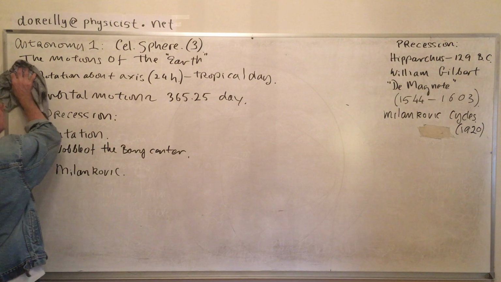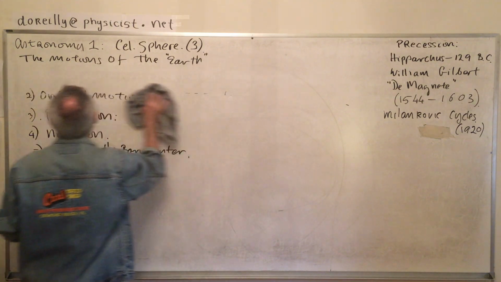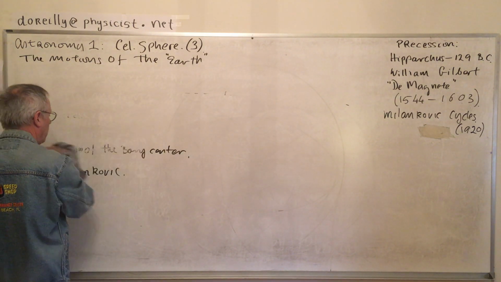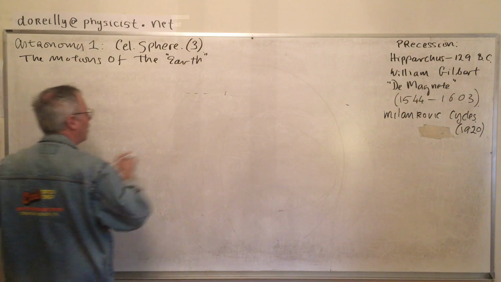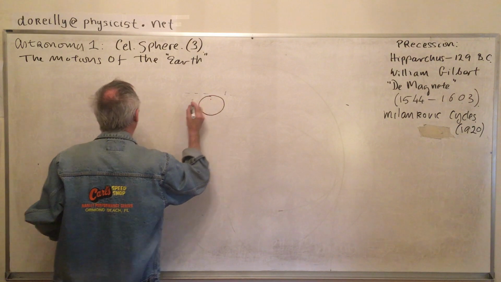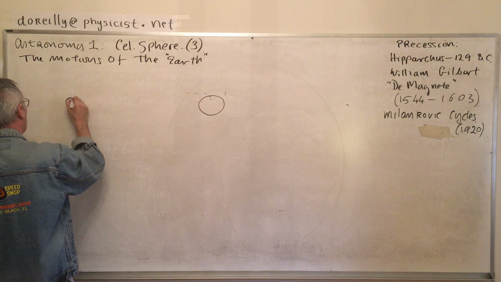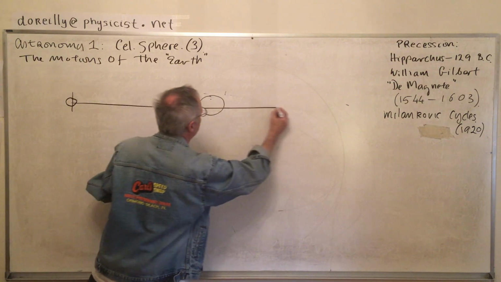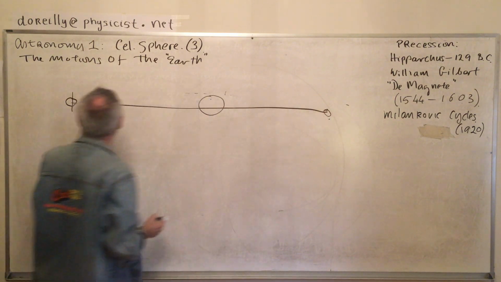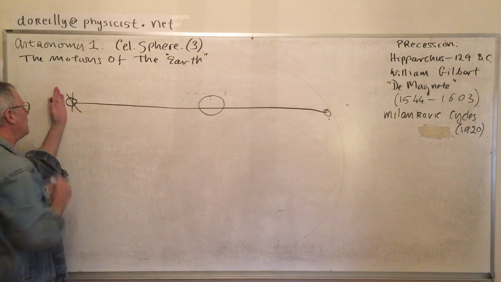Rotation about the axis. That's a pretty easy one. But there's a complication. The complication is that in the orbital plane, the Earth's axis is not vertical, it's tilted.